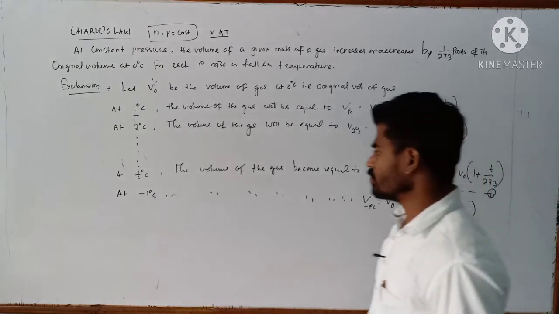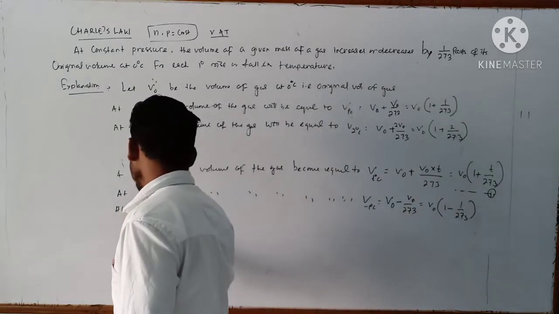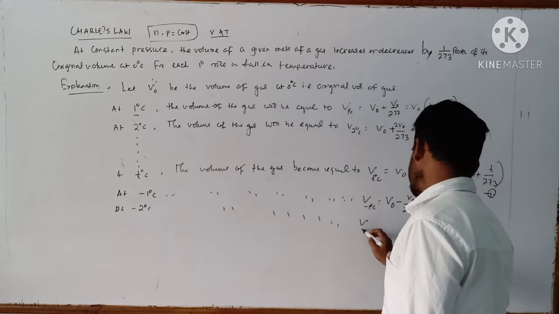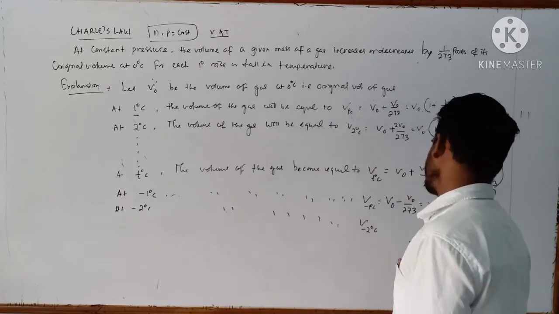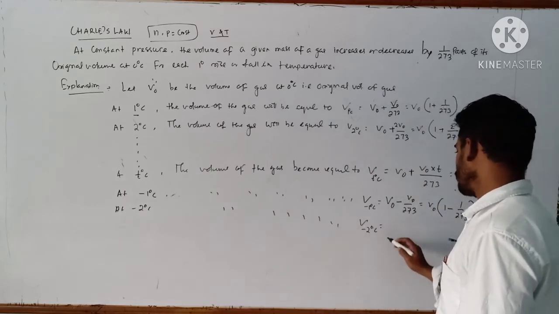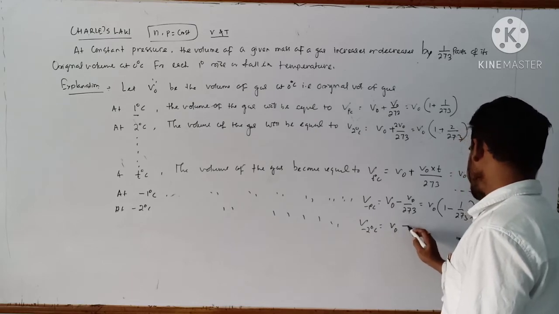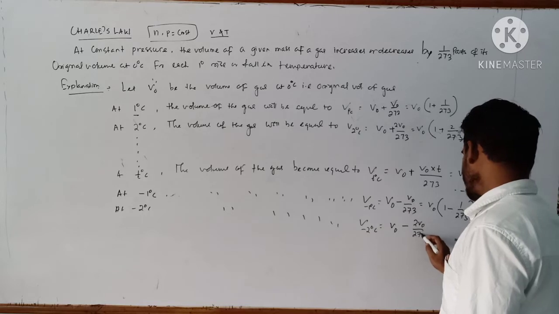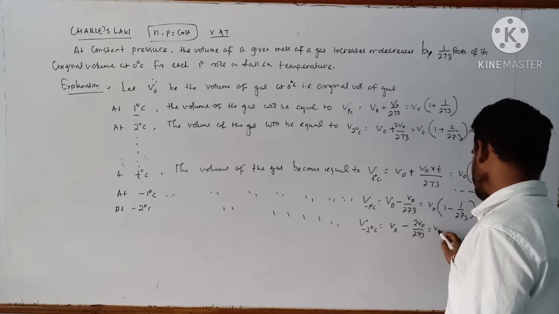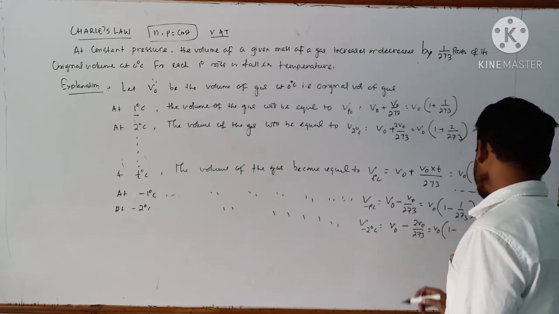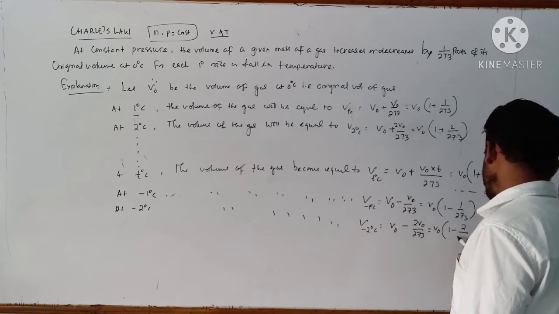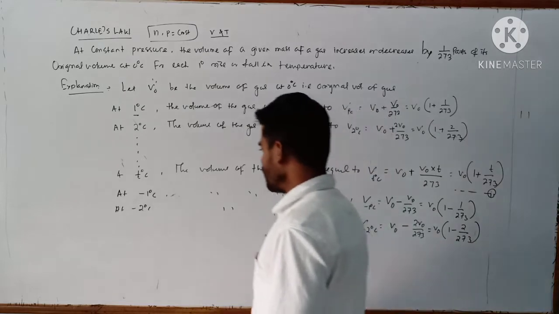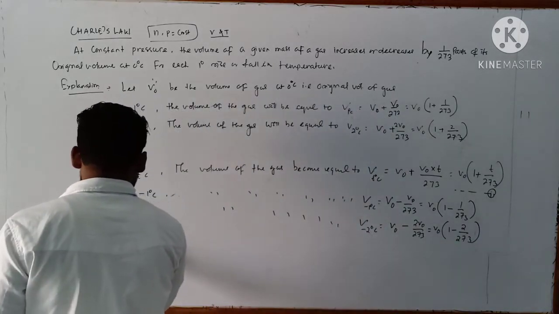Similarly, at -2 degree centigrade the case is very easy: V naught minus 2 V naught upon 273, that will be equal to V naught into 1 minus 2 by 273, like this.